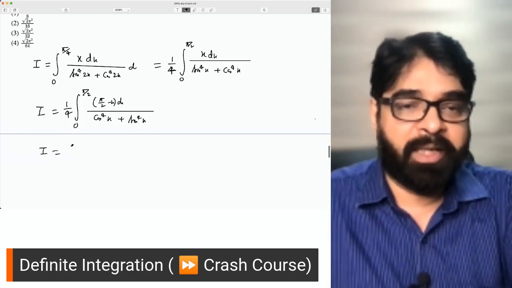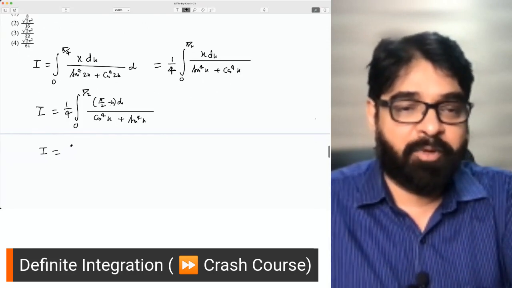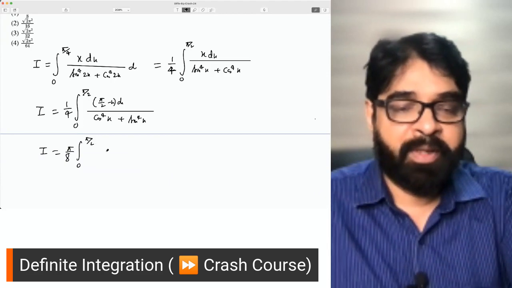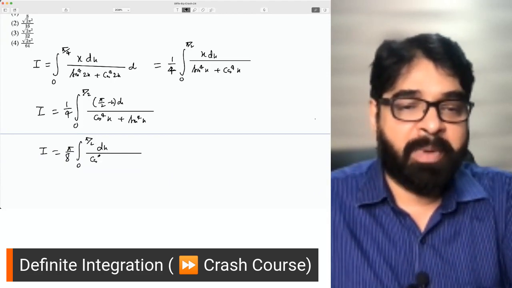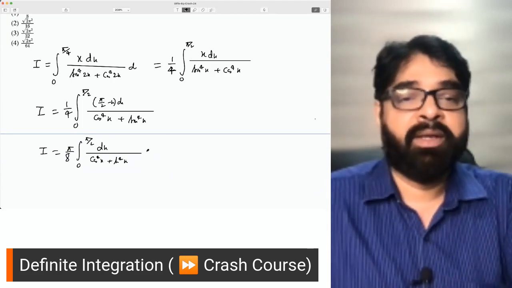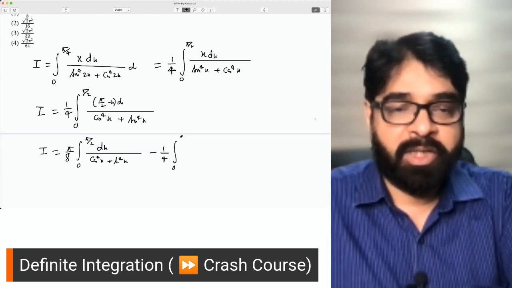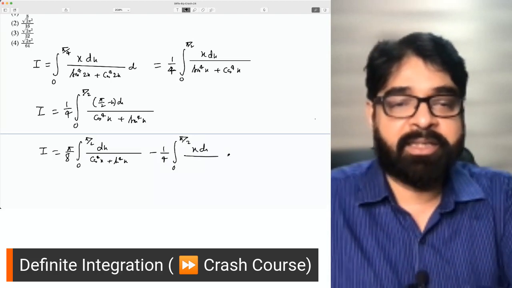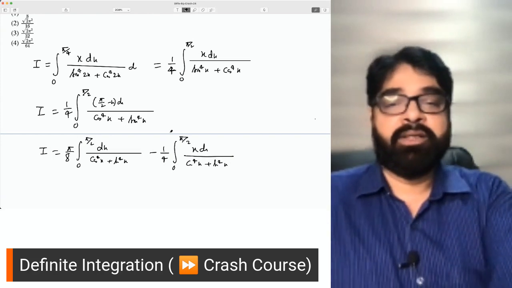So I will split it. Here divide, here divide. So pi by 2 into 1 by 4 gives pi by 8, integral 0 to pi by 2 of dx divided by cos power 4x plus sine power 4x. Here if you divide, you'll get minus 1 by 4, 0 to pi by 2, x dx divided by cos power 4x plus sine power 4x.